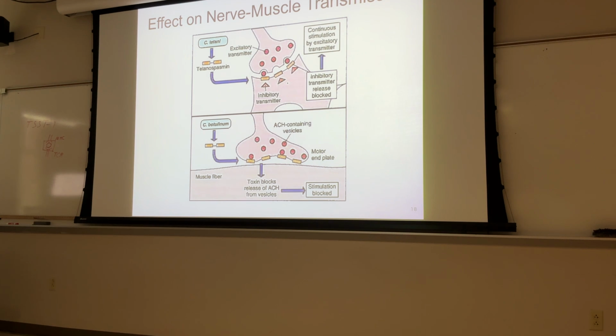It's going to be muscle relaxation. What happens is acetylcholine release is blocked at the motor plate, and then the stimulation is blocked. Again, what does that mean? It means the muscles are relaxed. Unlike tetanus, which is going to be everywhere, where all the muscles are going to be locked on, botulinum is going to descend, so you can watch it descend down the body. How do you think?